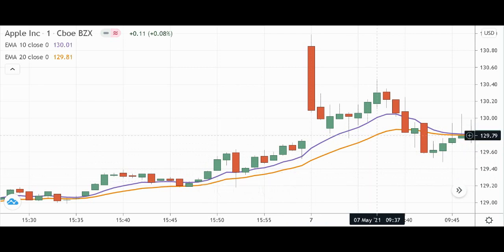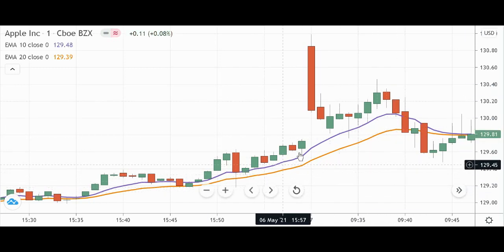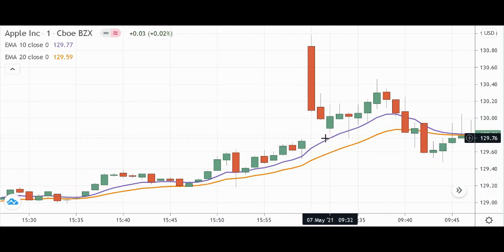And so let's say you're using a really simple strategy. You don't have to use this strategy. What I'm going to say today can apply to any strategy, really, I believe. But let's say, just for the sake of example, you're using a strategy where when the 10 EMA, the purple line, is above the 20 EMA, the orange line, then you're long. When the 10 is above the 20, you're going long.